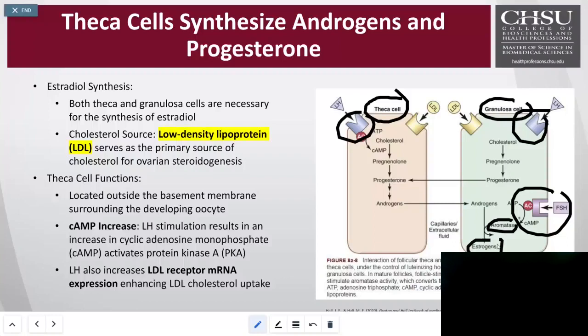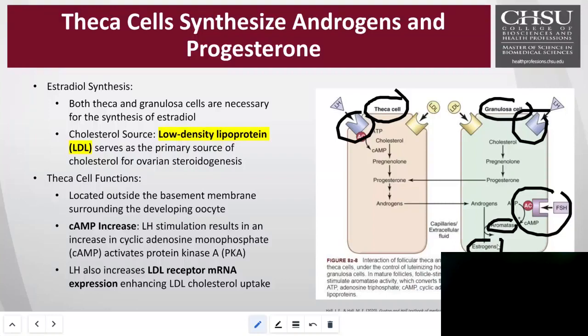Looking at the picture, which one of the cells can actually make estrogen? Granulosa. So the theca cells do not have which enzyme? Aromatase. Perfect. So make sure you know that: in the theca cells, you do not have aromatase. It's only found in the granulosa cells.